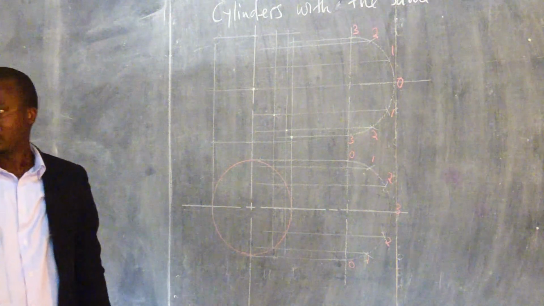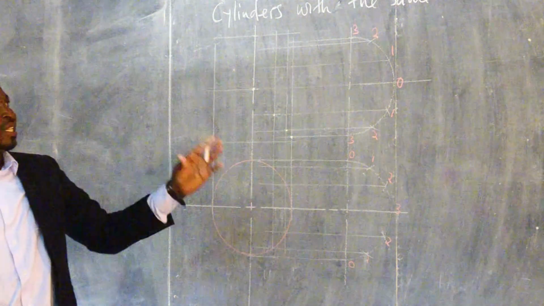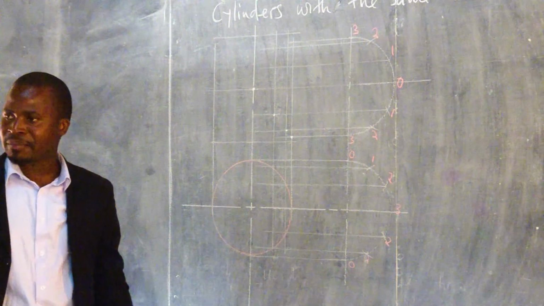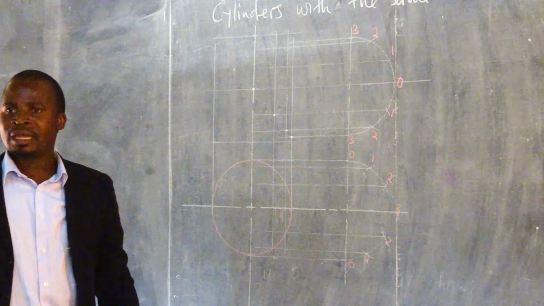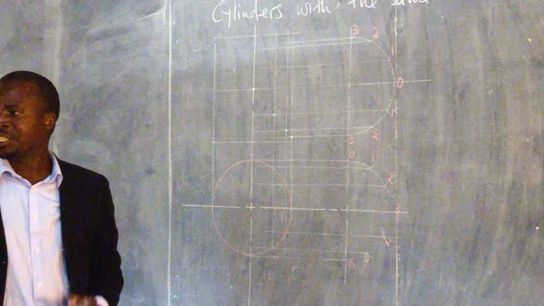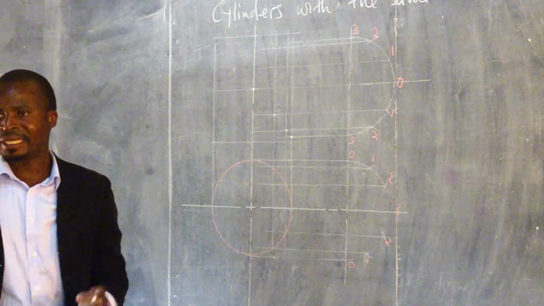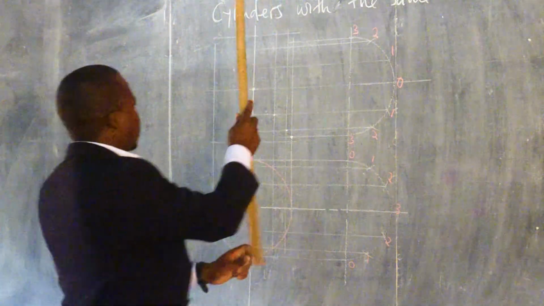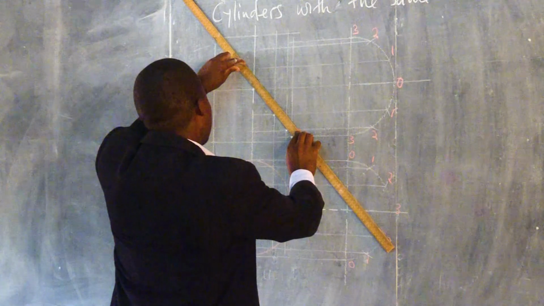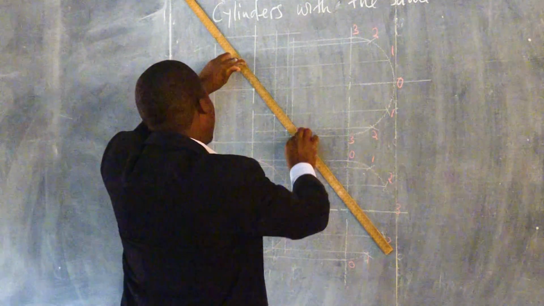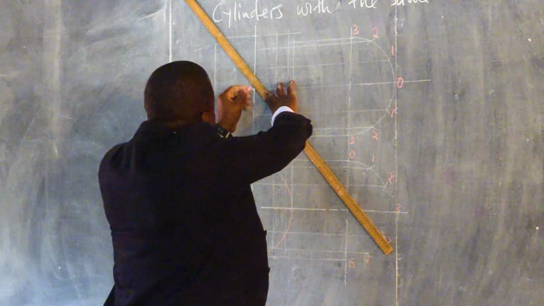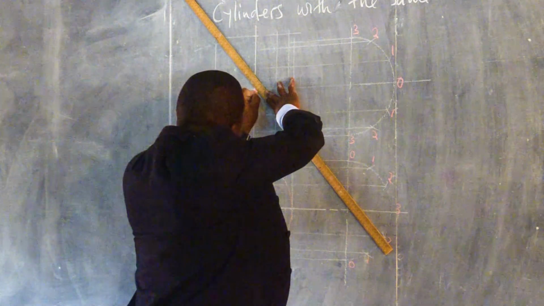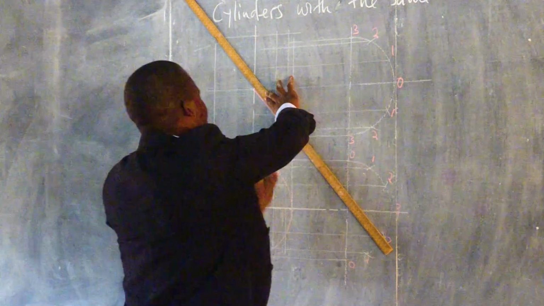So initially, when cylinders are of the same diameter, the point of intersection which will be formed is going to be a line. You are going to draw this line. To avoid double lines, it is better you outline first.